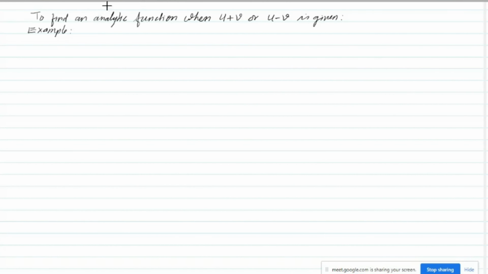Example: find an analytic function f of z when u plus v is equal to e raised to x, in brackets cos y plus sin y, is given to you.